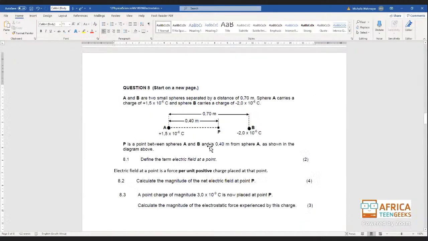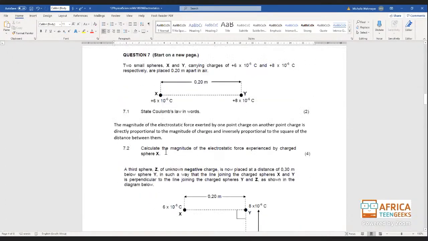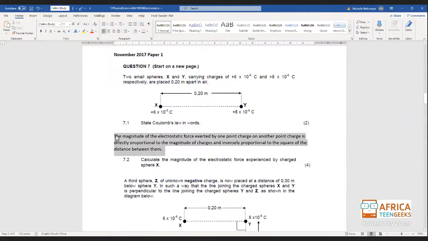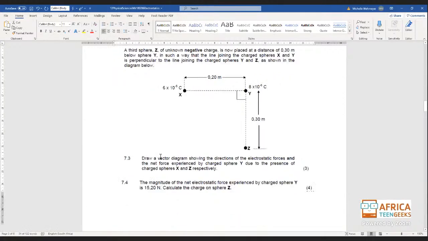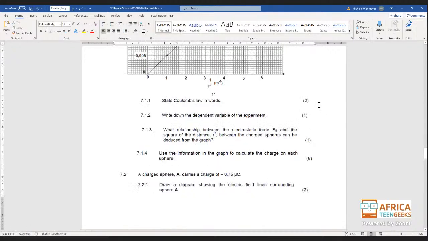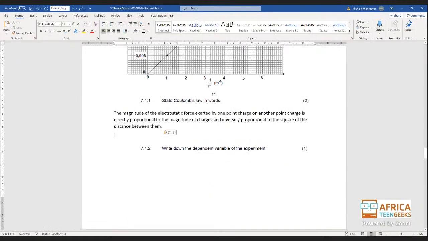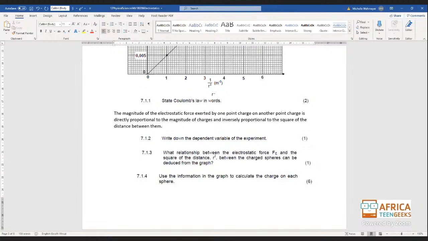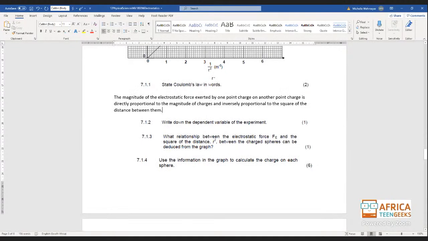We have stated it, so I am just literally going to copy and paste it. Please go and memorize this. I cannot emphasize how important it is. Okay, so it is just the direct proportionality between the magnitude of your forces divided by the square of the distance between them will give you the magnitude of your electrostatic force.